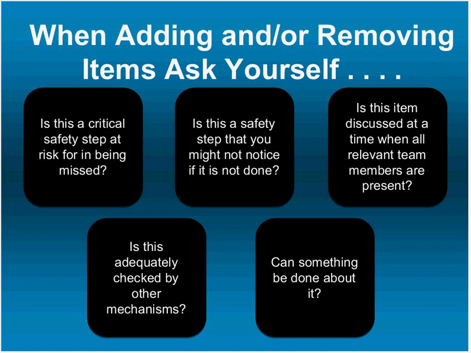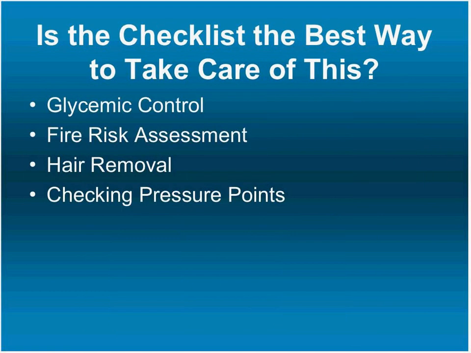Well, it's probably not too late, but you certainly don't want to be stuck in the position of putting boots on a patient underneath drapes if you can possibly avoid it. So you need to think about what you're prompting and when you're prompting it to make sure that you can actually do it. Is the checklist the best way to take care of the problem?